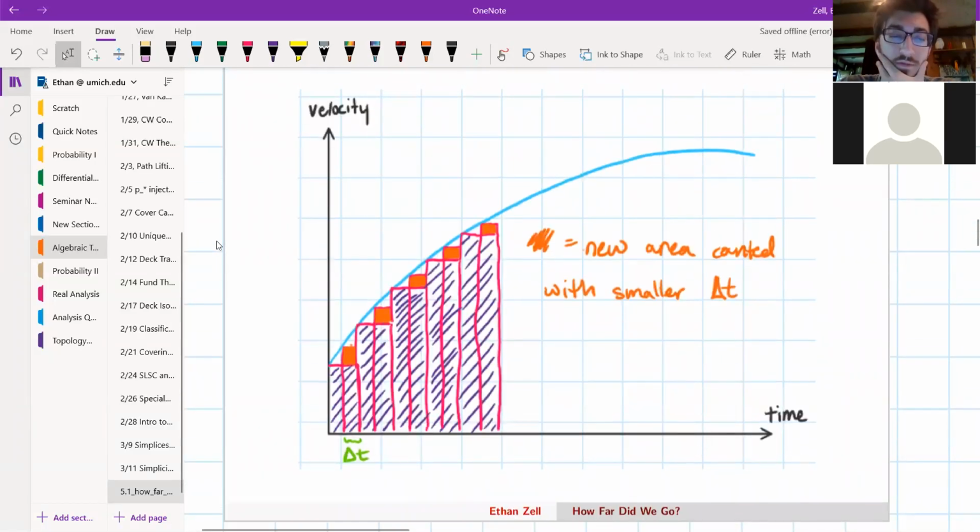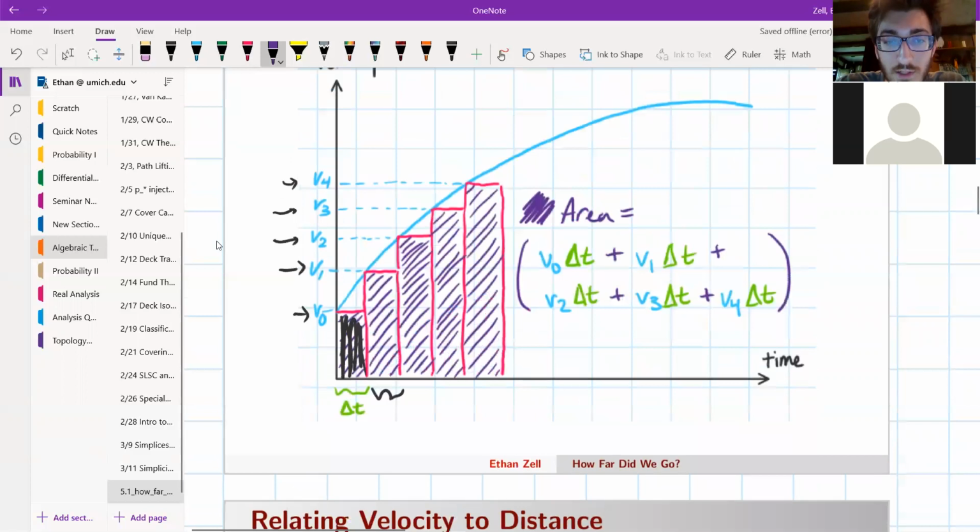So now instead of taking the delta T that was this large, I'm taking half that, okay? So you see I've subdivided my rectangles. I now have twice as many rectangles here in red, okay? And the purple area is the same as before, but now with these new rectangles, I have more area because it's a better approximation at each point. So each of these new approximations is picking up this little orange area that I didn't count in the previous slide.